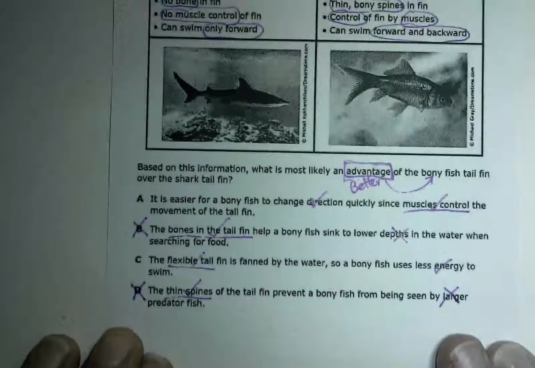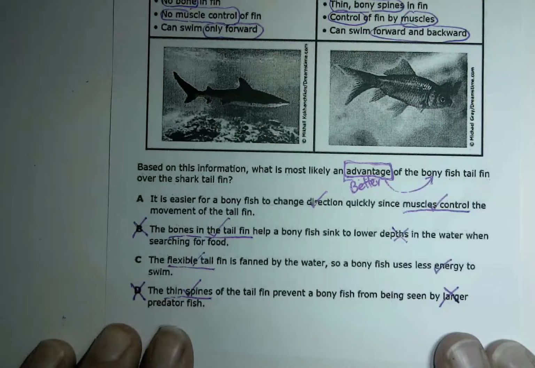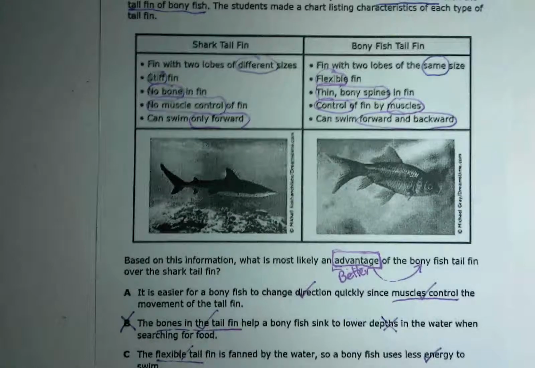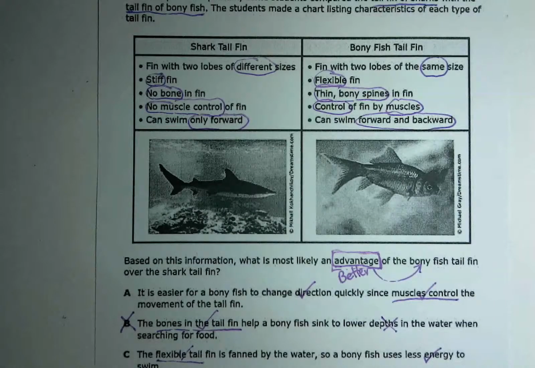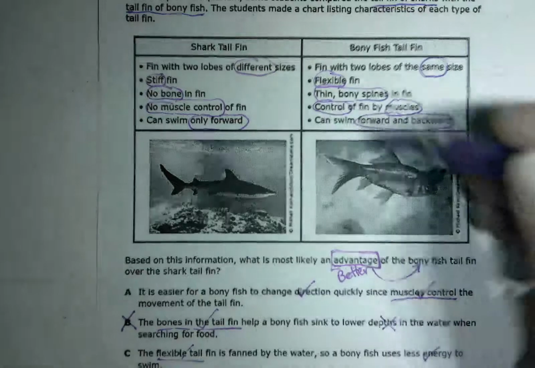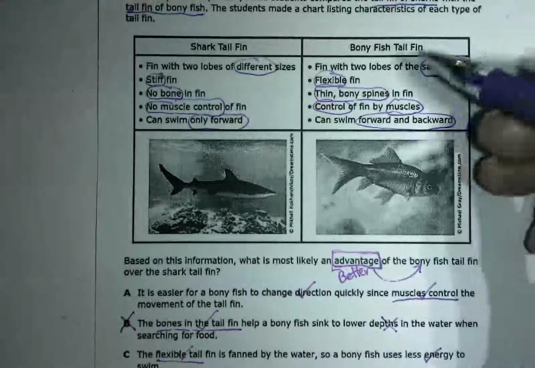Okay, so now we're looking at A. It is easier for the bony fish to change directions quickly since muscles control the movement of the tail fin, or C, the flexible fin fanned by the water so that the bony fish uses less energy to swim. When you're looking at the answer choices and the information at the top, it really seems to concentrate on movement.